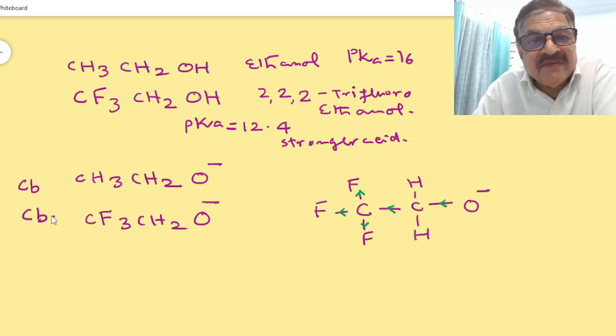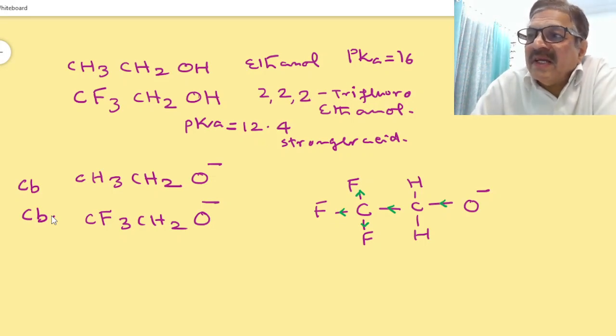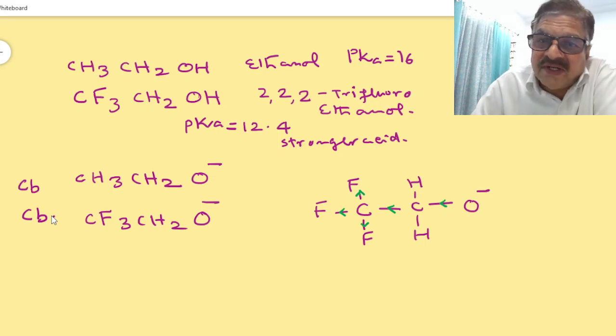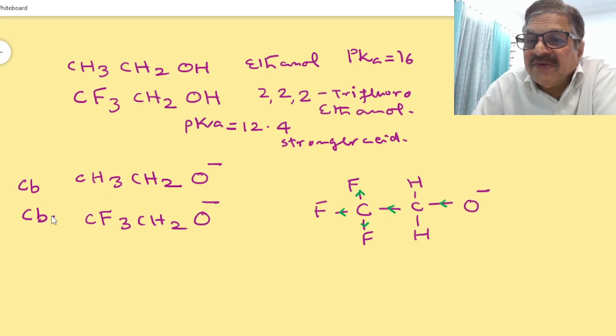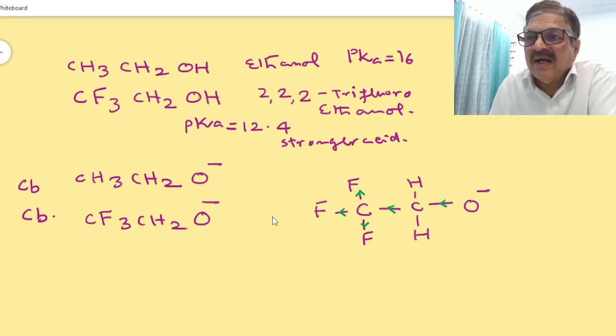So in the first case, CH3CH2O minus. In the second one, the electron deficient carbon atom pulls electron density through the sigma bonds from the negatively charged oxygen atom. That is what is happening in this conjugate base.